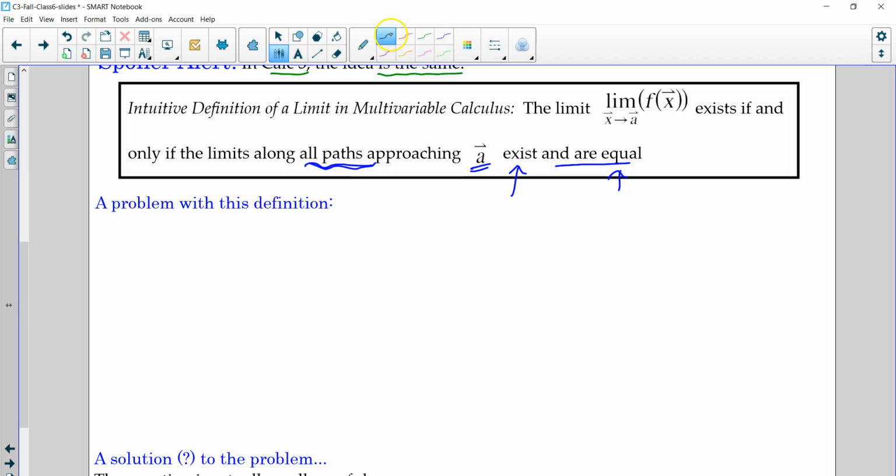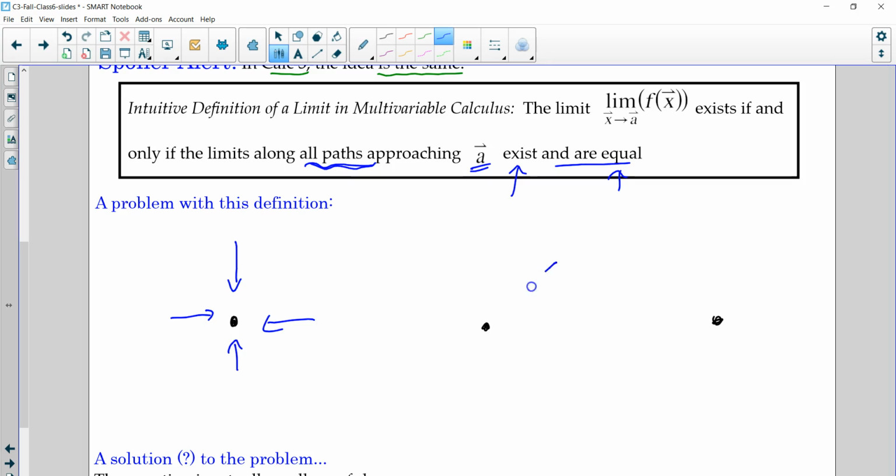Let's just do a couple examples. Here are 3 series of points. I could look at it simply from the left, the right, and the top and bottom, whatever those are in 3-dimensional space. I could look at all different sets of those. That's finite, maybe, but it still takes a while.